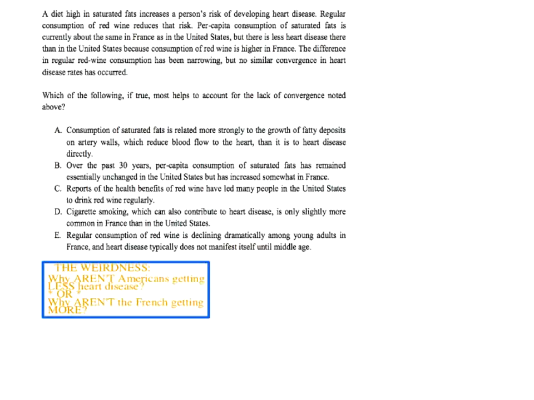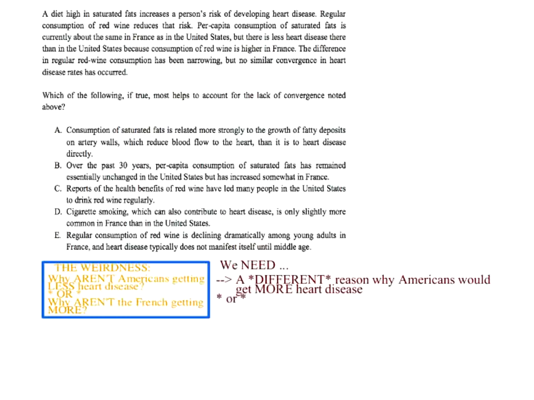So what we need to explain that weirdness is a reason, like a different reason, why Americans would get more heart disease, or a different reason why the French would have less. How come this changed? How come what changed?